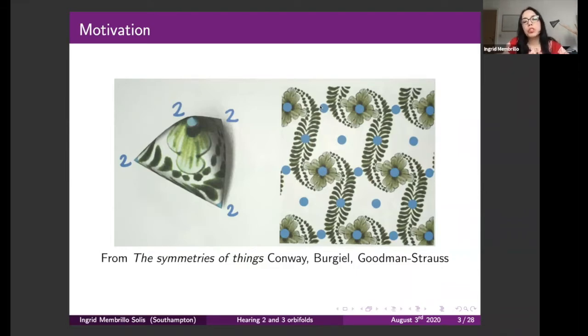The quotient space that we obtain is the one that appears on the left-hand side of this picture, and basically what we have is 4 isolated singularities, which are obtained because these blue points are fixed by the action of C2.